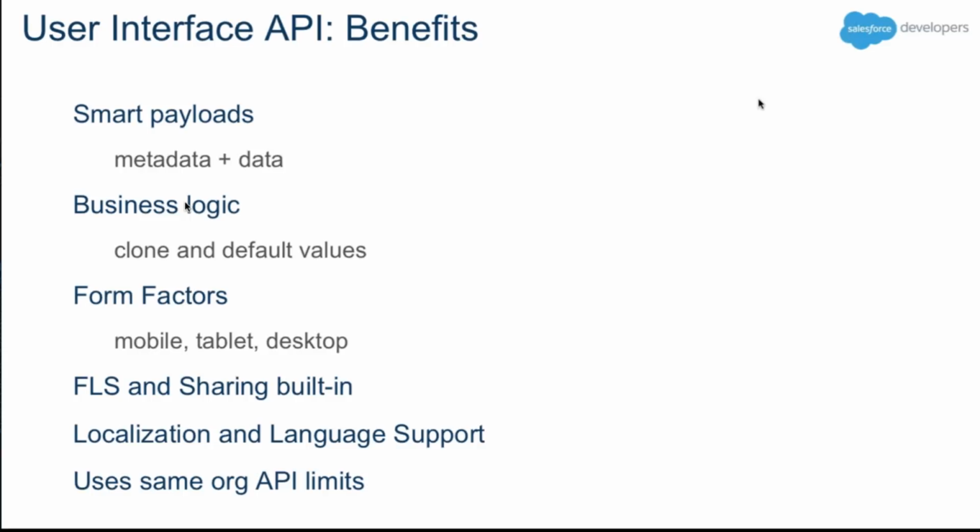And as I mentioned earlier, we already handle field level security and record sharing for you. We provide localization and language support. So it's really a great way for you to save time and take advantage of all the work that we've done building the functionality that we think most developers are going to need when they build user interfaces or apps. And the cool thing about the user interface API is that it uses your same org API limits. So you don't have to worry about yet a new way of keeping track of what your API usage is going to be.